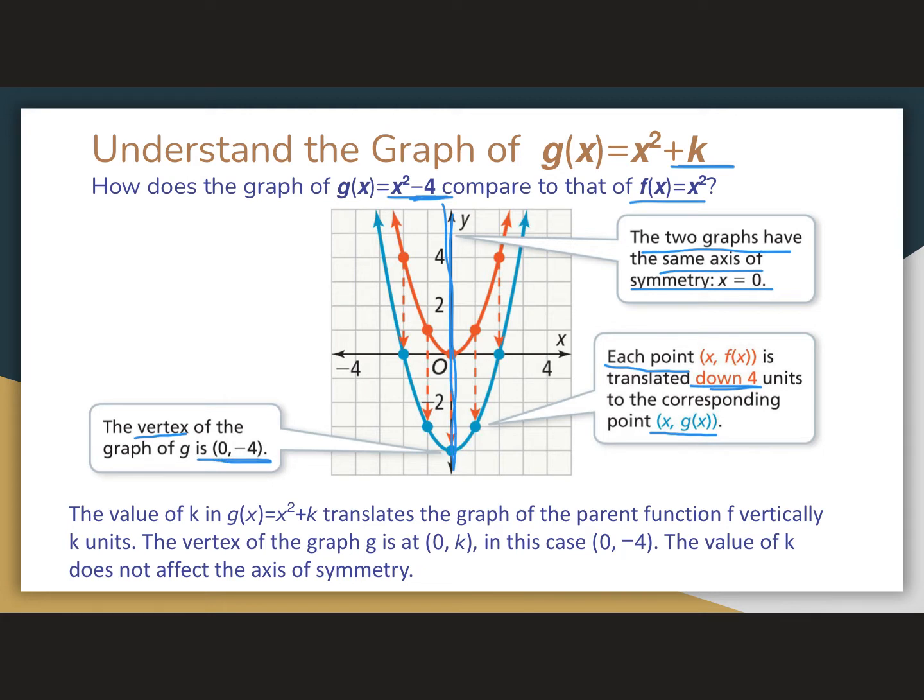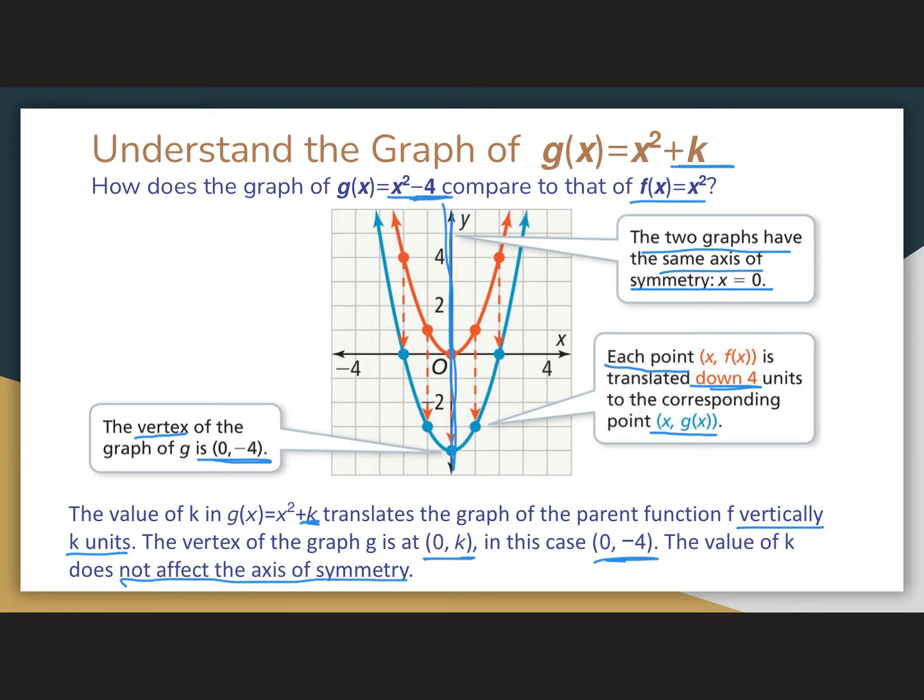So the value of k, so x squared plus k, translates the graph of our parent function, f of x equals x squared, vertically k units. So it moves k units. The vertex of the graph is at 0, k. In this case, 0, -4. And the value of k does not affect our axis of symmetry.